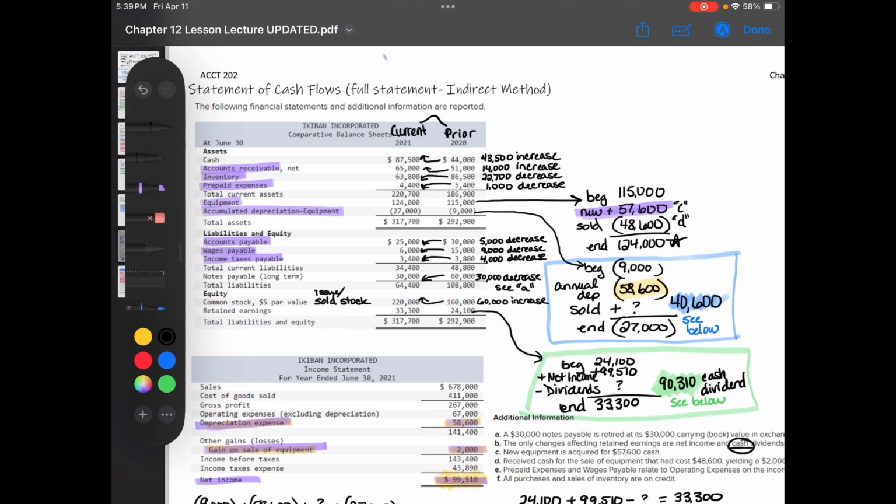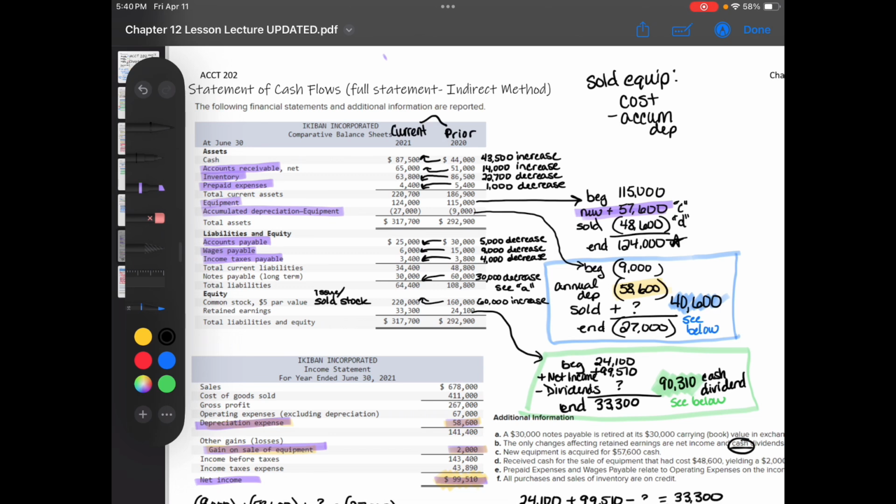The sale of, I think it was a piece of equipment, if I remember correctly. That's letter D. And what we know for that one is, okay, we'll do that work right up here. So when we sold equipment, what we know about that is that we have a book value of that equipment, but the book value of the equipment we don't have yet. So how do we get book value? We take the cost and we subtract accumulated depreciation.